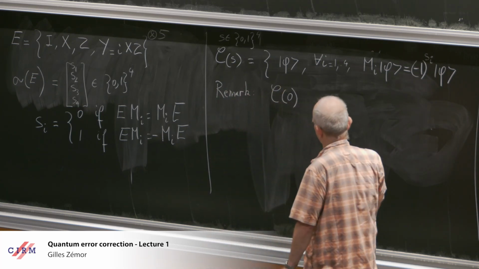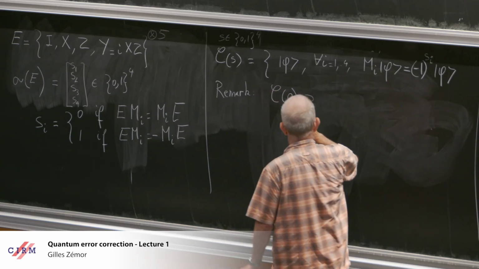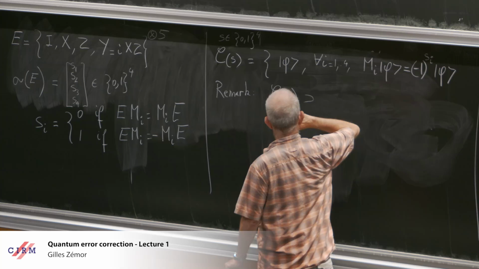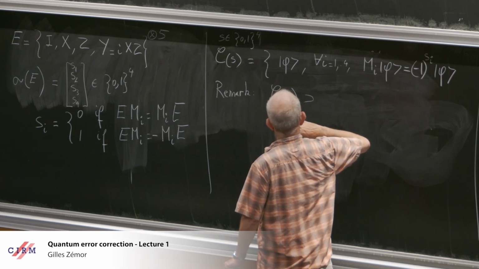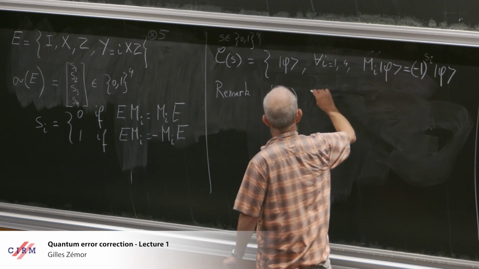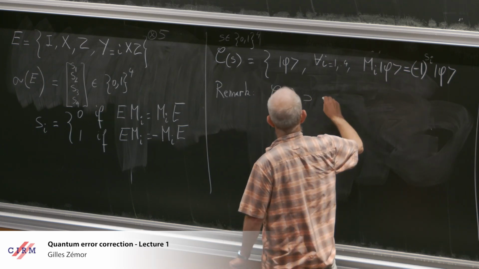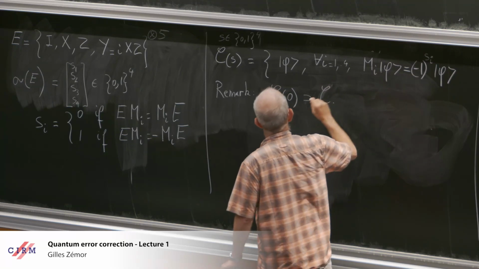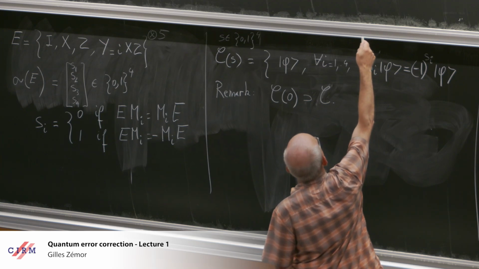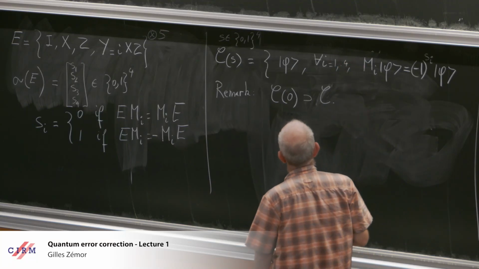C0 contains a quantum code C, so our subspace generated by psi 0 and psi 1.